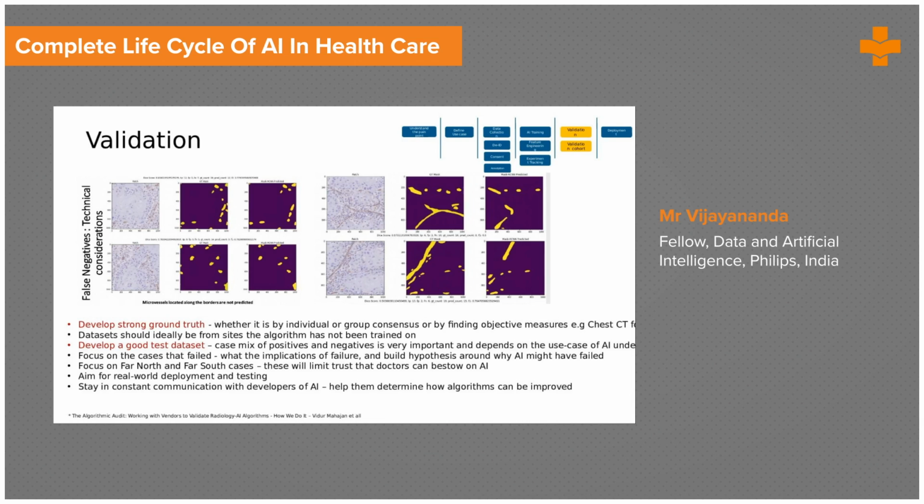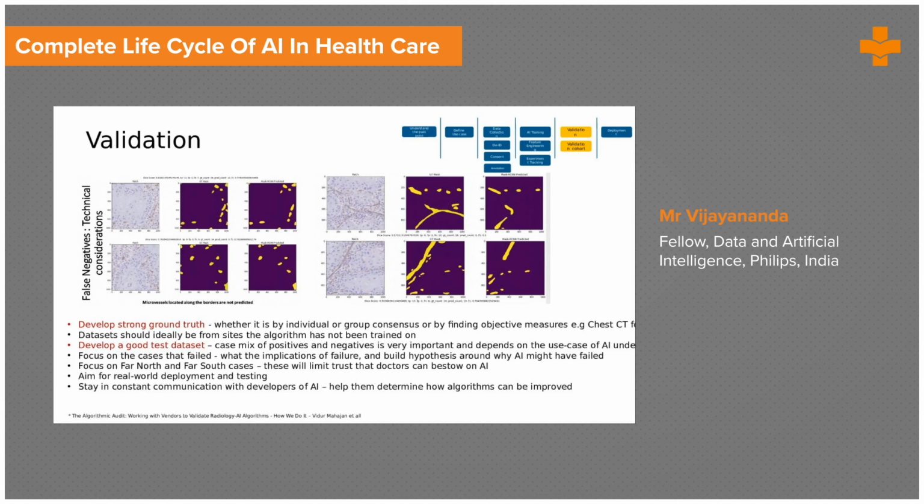Because you want to generalize the algorithm so that it can work on any data sets. So identifying the right data set and the cohort for the validation is quite important. And then there could be a lot of, let's say, false negatives, false positives that need to be discussed during the creation of the algorithm.